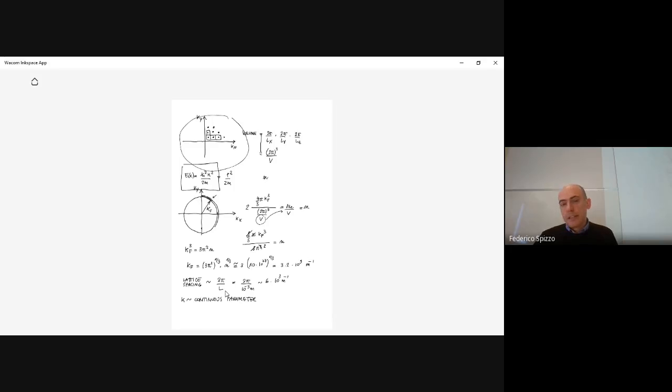So it's interesting to evaluate not just the density of levels with respect to K that we have already evaluated and is constant, but the density of levels with respect to the energy. I think you have already seen that. Is that correct? Do you remember that? Okay, but the calculation is quite short, so I was going to do that.